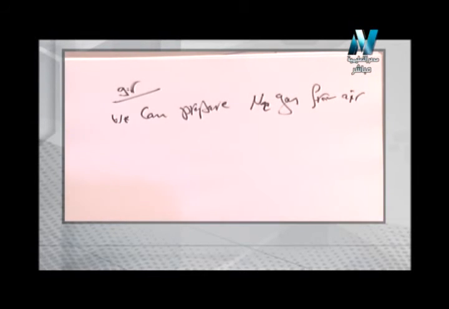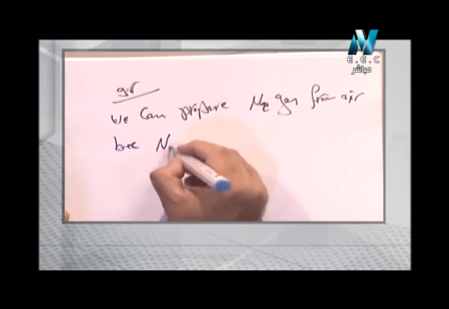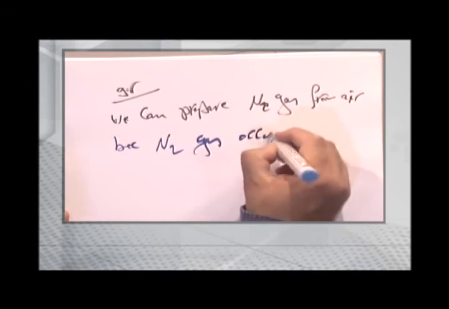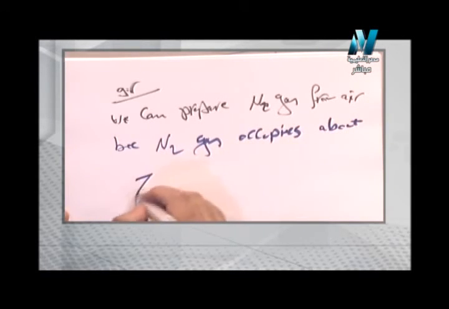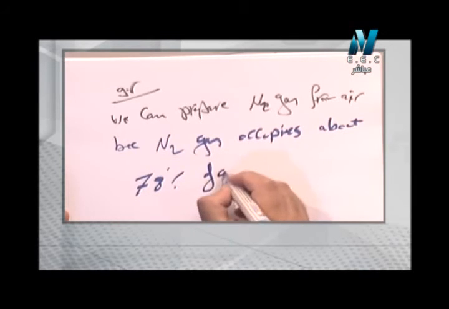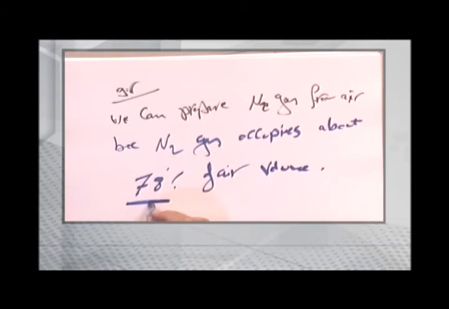Because nitrogen gas occupies about 78% of air volume. This is a very large quantity, so the best source for nitrogen gas is air itself. So again, give reason: we can prepare nitrogen gas from air because air contains 78% nitrogen gas.